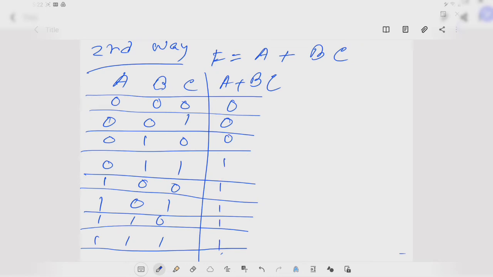In the case of min terms, we picked up the ones only. In the case of max terms, we should pick up the zeros only. How many zeros do we have in the output of this truth table? We have 3 zeros: row number 0, row number 1, and row number 2.